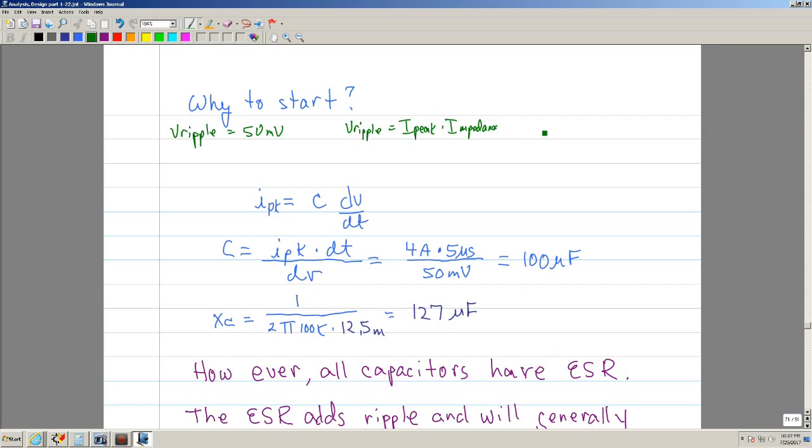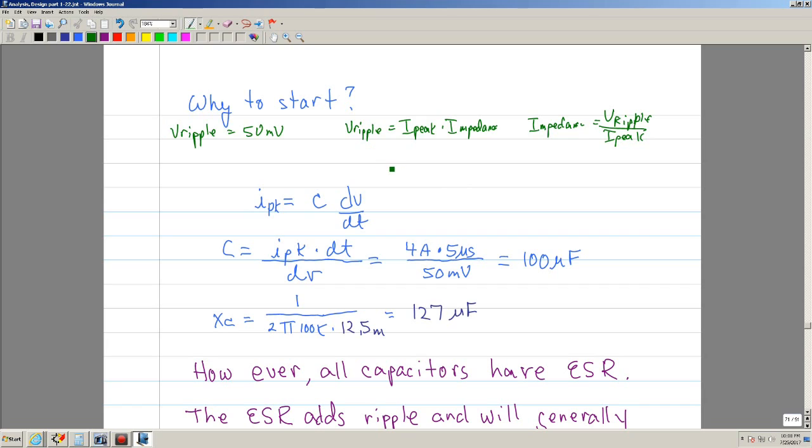So by the same token, now we can say the impedance is V ripple divided by your I peak.